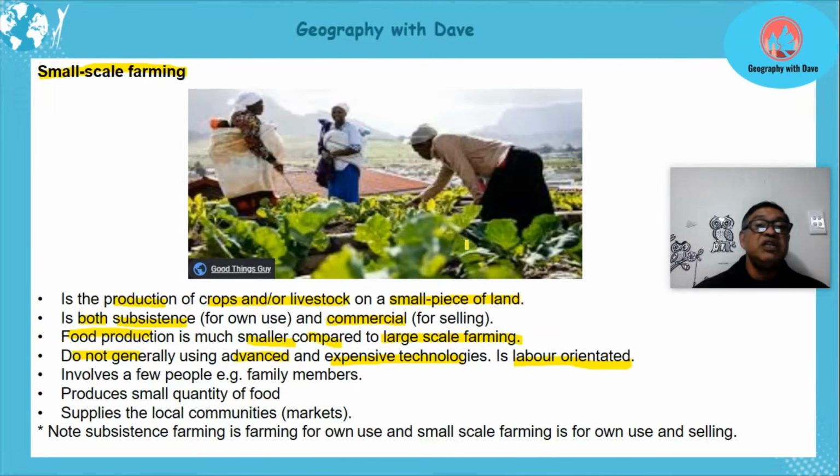You'll see they'll use a hose and manual things, a watering can to water the crops, or maybe just a hose pipe. But all those expensive technologies like harvesters and tractors, hybrid seeds, they don't use all those things.